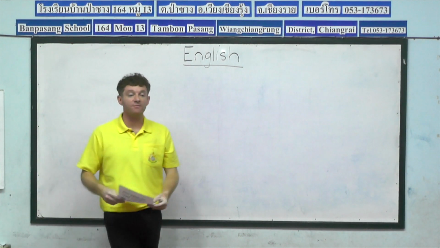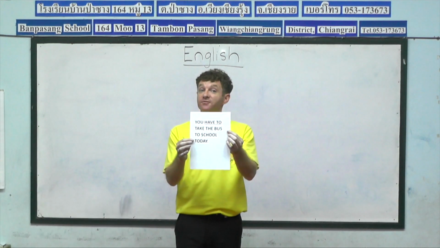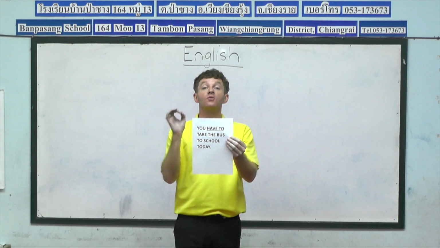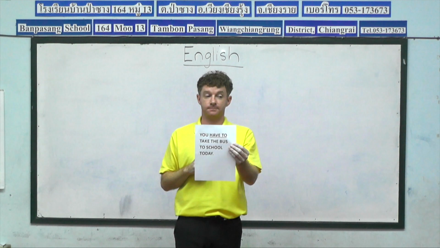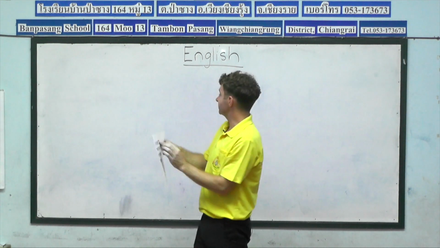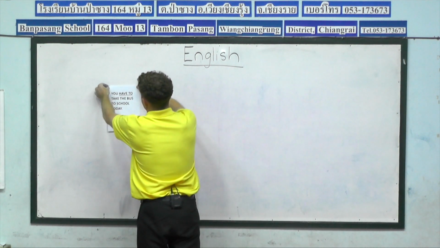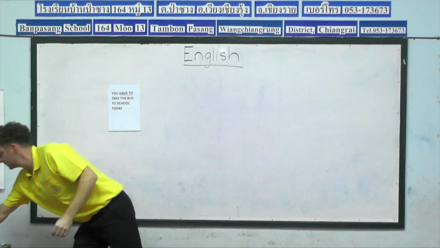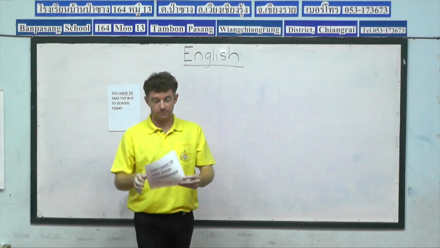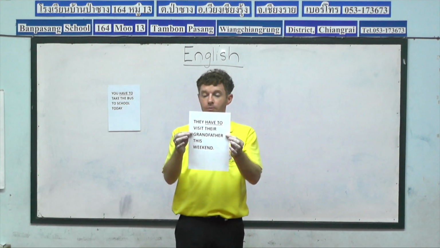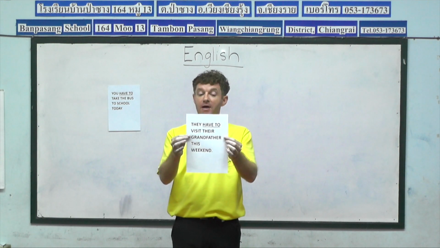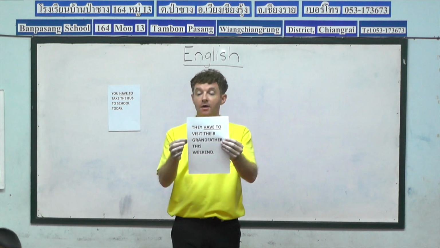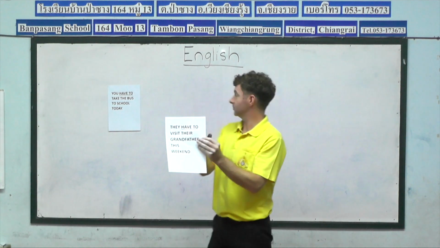First one we have, you have to take the bus to school today. Okay, so that's sentence number 1. We can place that here. Sentence number 2, they have to visit their grandfather this weekend.